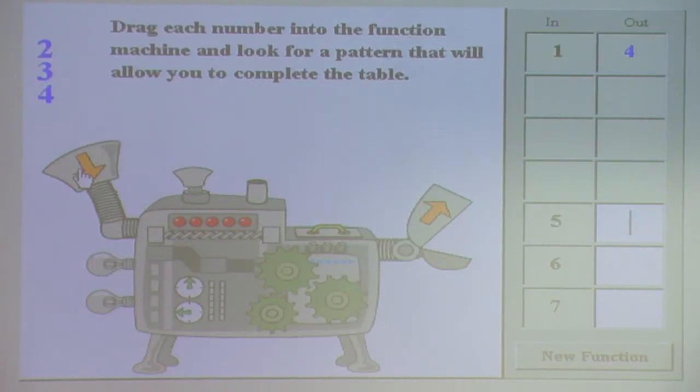Or it could be 4 times x, since 4 times 1 will give me 4. We'll have to test other numbers, of course. I hope the first one we do isn't hard. 3 going out as 8.